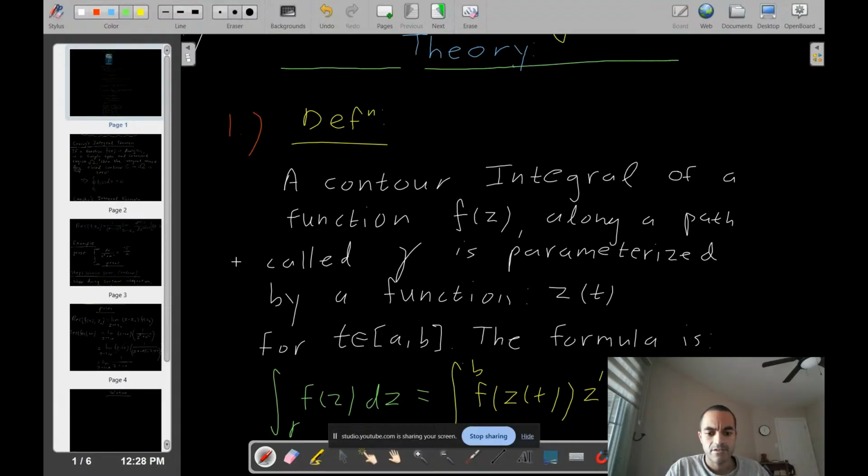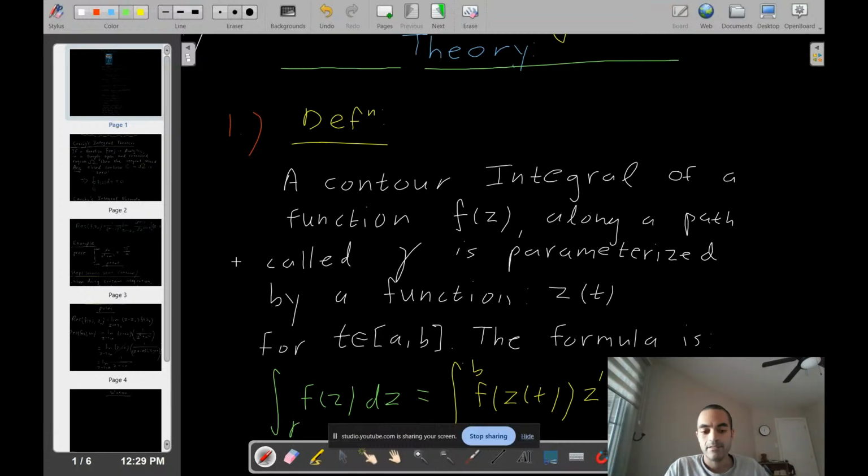Okay, so it's parameterized by a function z of t for t belonging to the closed interval a and b. And the way we define a contour integral is the following formula. You're taking the integral over a path called little gamma.